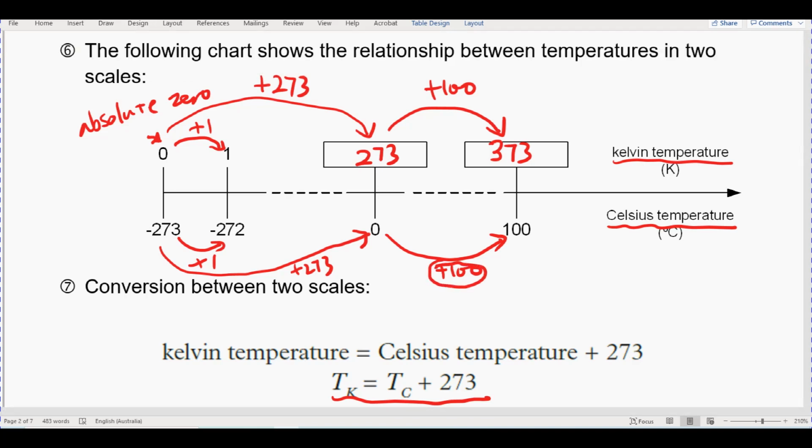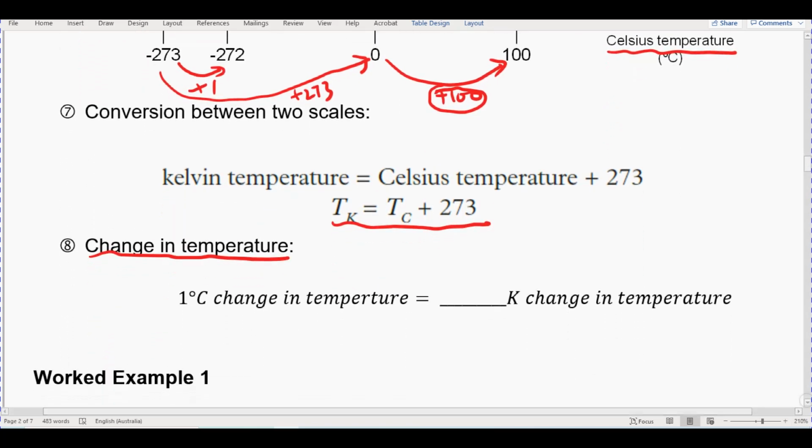So what's the corresponding change in temperature in the Kelvin scale? It's also plus 100. So the keyword here is the change: a change of 1 degree Celsius equals a change of 1 Kelvin.